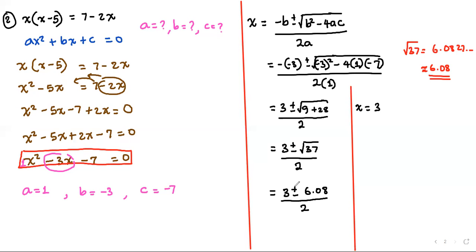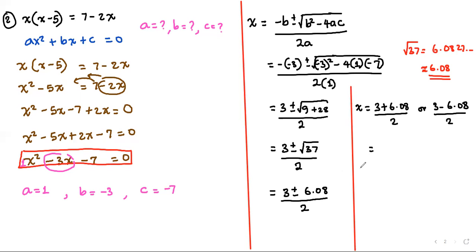Now we use plus first, we leave minus. 3 plus 6.08 out of 2, or 3 minus 6.08 out of 2. So those are our 2 solutions.